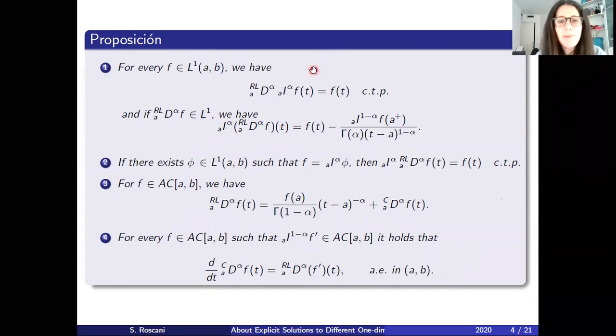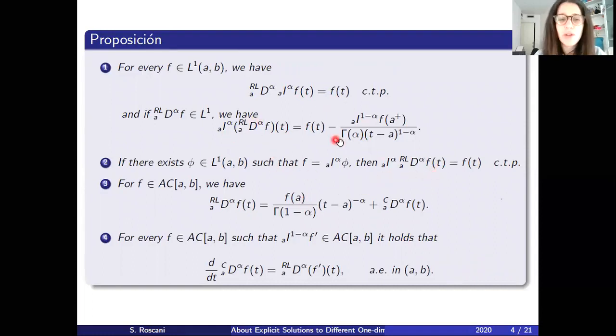Okay. Some properties of fractional integrals and derivatives, such as inverse operators and what happens when you first apply the Riemann-Liouville derivative and then integrate. Sometimes, if you have a special function, the integral is a left inverse operator of the Riemann-Liouville derivative.